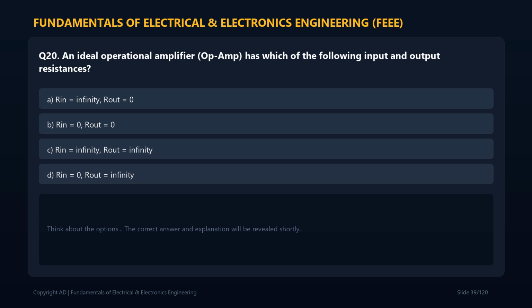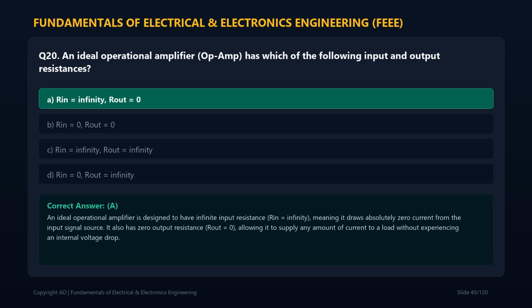Option D, R in equals 0, R out equals infinity. The correct answer is A, R in equals infinity, R out equals 0. An ideal op-amp draws zero current from the source due to infinite input resistance and can drive any load without loss due to zero output resistance.